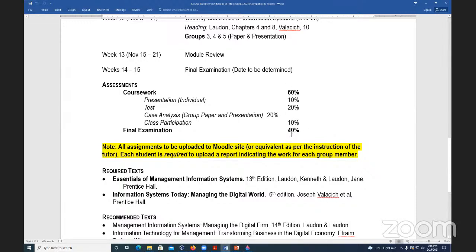The coursework is a presentation individually 10% in your tutorial, a test 20%, which will be, I guess, in the lecture time. There'll be a group project, which is a case where you do both a paper and a presentation, as well as class participation.